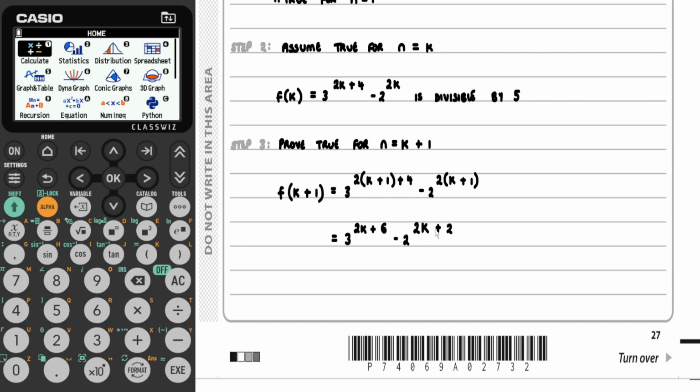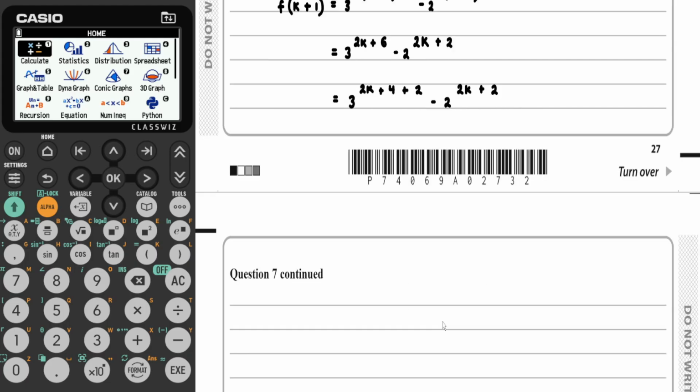And what we can do is use the laws of indices. So I've got this term, which I can rewrite as 3 to the power of 2k plus 4 plus 2, subtract 2 to the power of 2k plus 2. So I've got 3 squared times by 3 to the power of 2k plus 4, and if I add the powers because I've got the same base, I end up with 2k plus 4 plus 2.